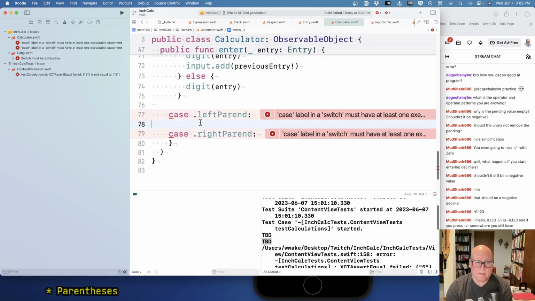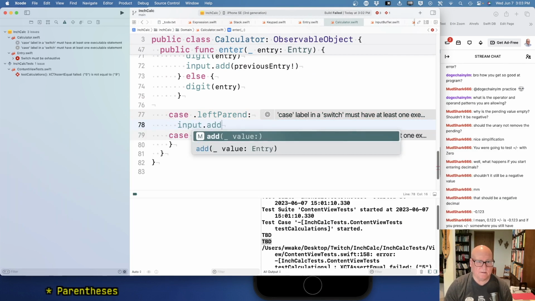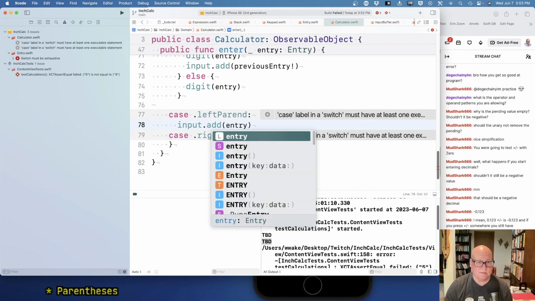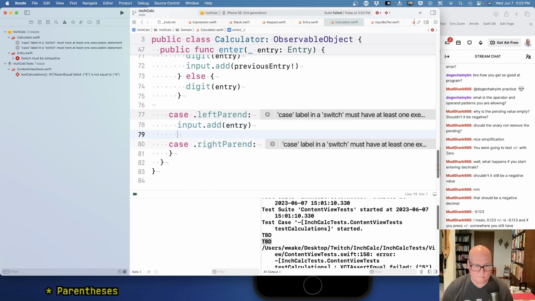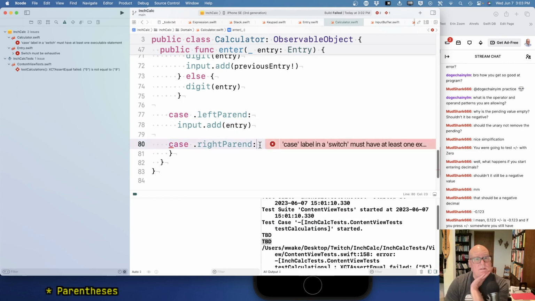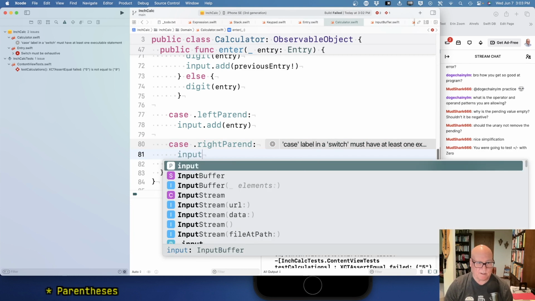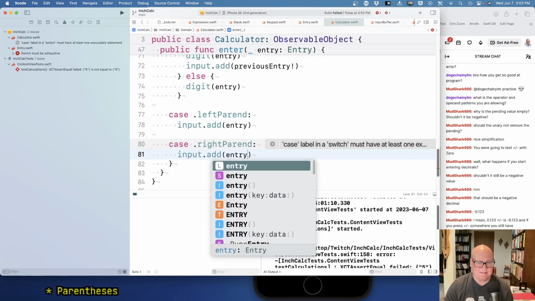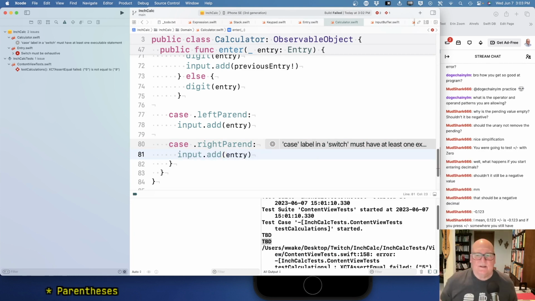For left paren, yeah, I think we just need input.add entry. And same thing for right paren. Well, we'll do that, but I think there's more work that has to happen. Entry. Okay.